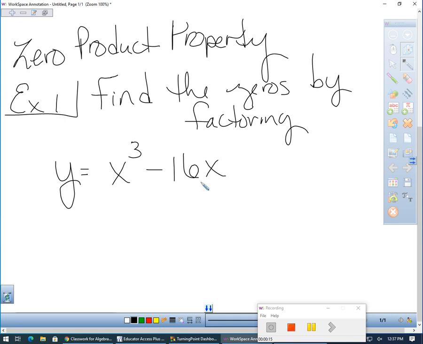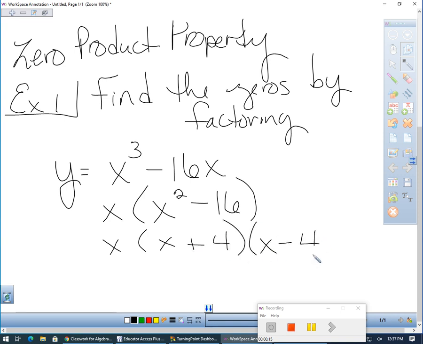Take an x out, exactly. Thank you. We're going to undistribute an x. Leaves us with x squared minus 16. It is the difference of squares. So we have x plus 4 and x minus 4.